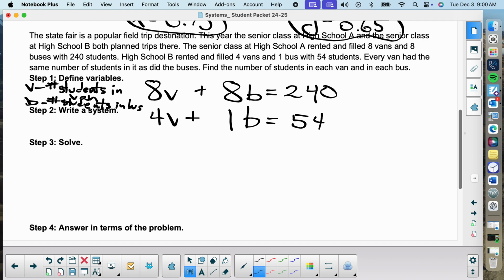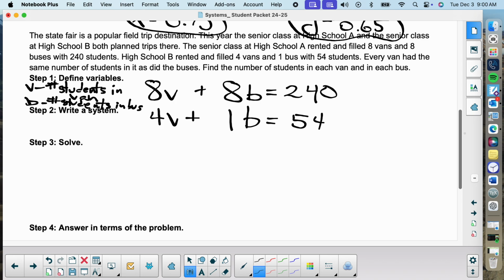Table 9, what do I have to do to be able to solve these? I can do substitution or elimination. If I do substitution, I would subtract 4V, and this would say B equals 54 minus 4V. And then that would be substitutionable. If I were gonna add them together, what would I have to do?